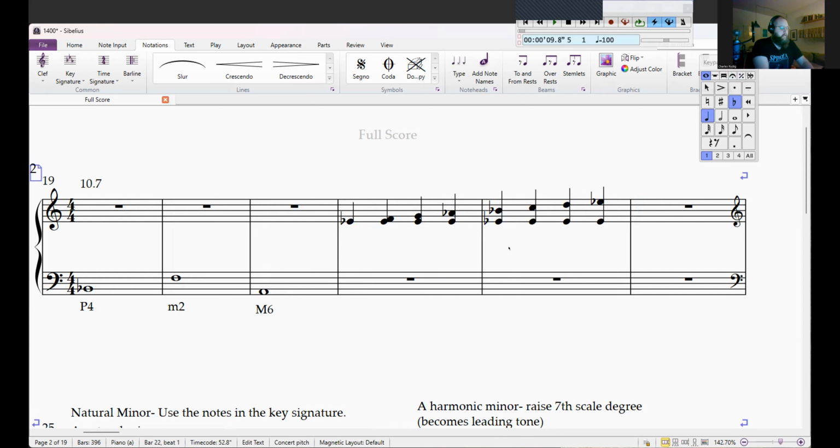So all those are going to be major and perfect. And there you go. Perfect octave. Okay. So I hope you're seeing how that works. And then from there, you can adjust to figure out if it's a different interval.